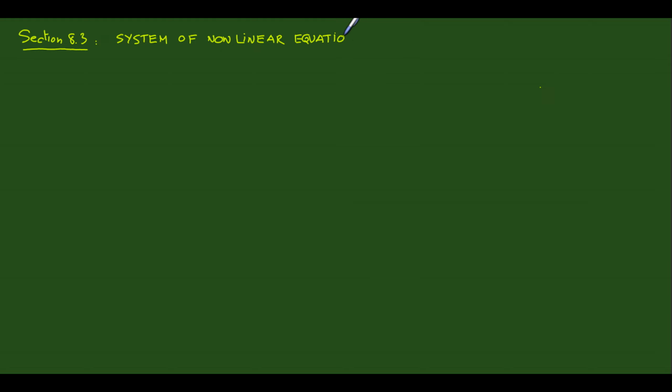Well, there are so many nonlinear equations. Conic equations are just one example. So how are we going to solve this? How are we going to find the intersection points between two nonlinear curves?